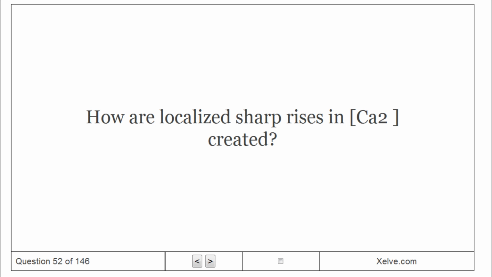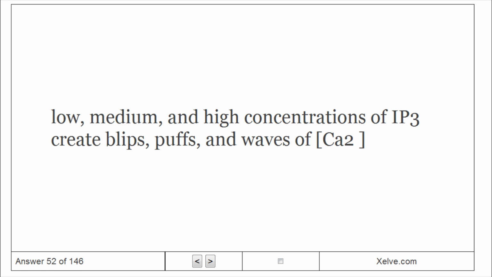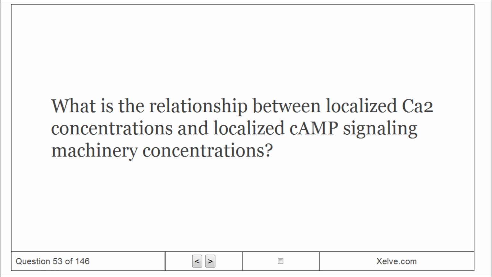How are localized sharp rises in Ca2+ created? Low, medium, and high concentrations of IP3 create blips, puffs, and waves of Ca2+. What is the relationship between localized Ca2+ concentrations and localized cAMP signaling?